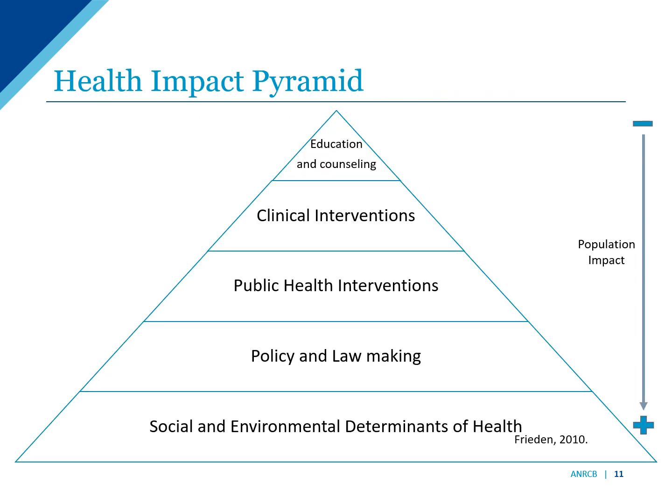Now let's look at it from a different angle with a health impact pyramid. When we're thinking about an individual level, we're thinking about giving education and counseling as we do in the clinical practice. And as we move further to the base of the pyramid, we start considering more of a populational impact through clinical interventions, public health interventions, and then policy and lawmaking.